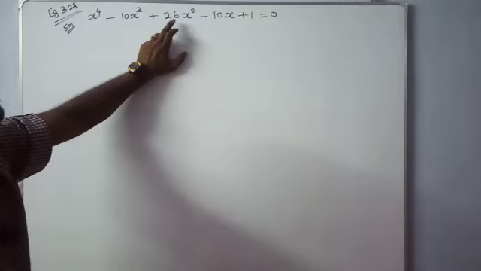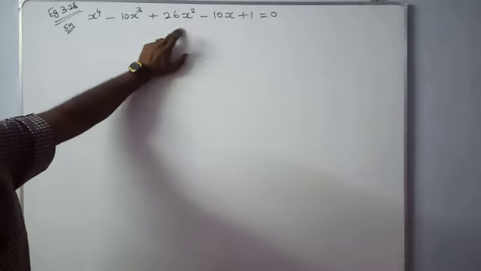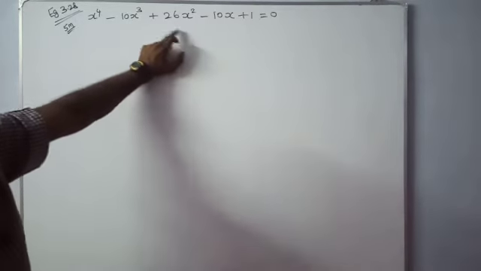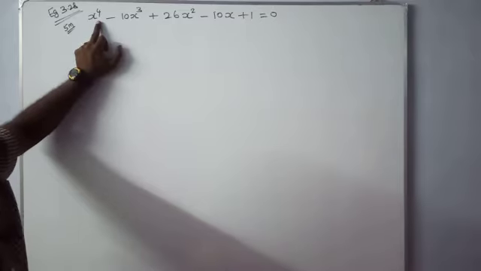and we want to find if this is a reciprocal equation or not. This is the reciprocal equation because here 1 and here 1. Here minus 10, here minus 10, and here 26. There is no middle term, because we consider the middle term as 0, because it is an even degree.